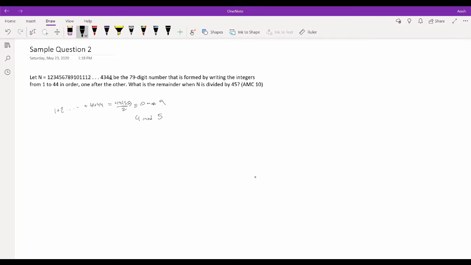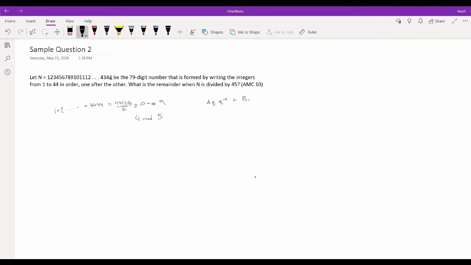So we want to find a unique solution in mod 45 where it is both 0 mod 9 and 4 mod 5. We can use our formula from earlier. We want A times Q times the Q inverse plus B times P times the P inverse.